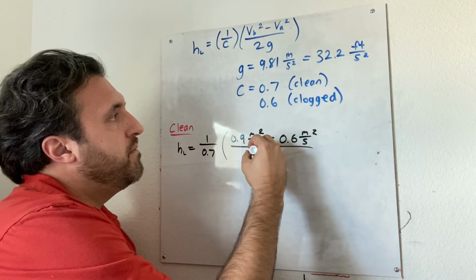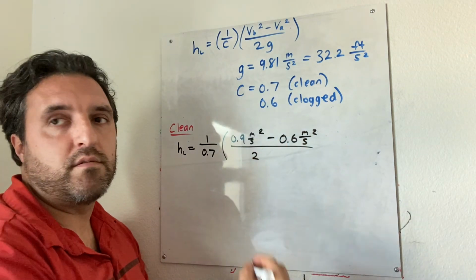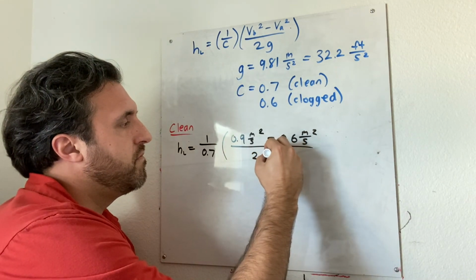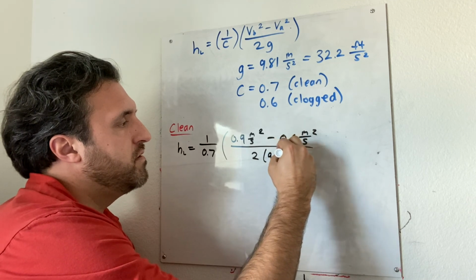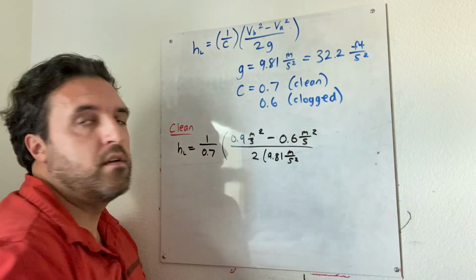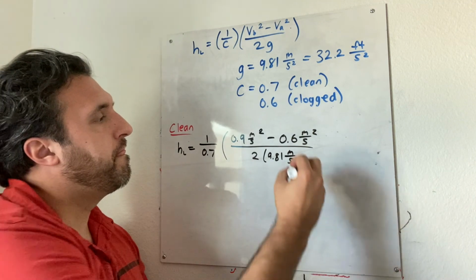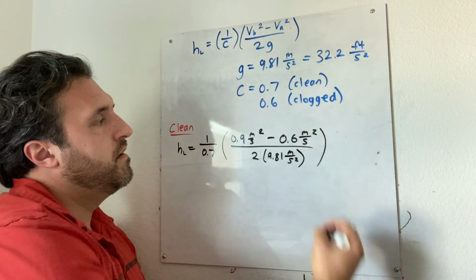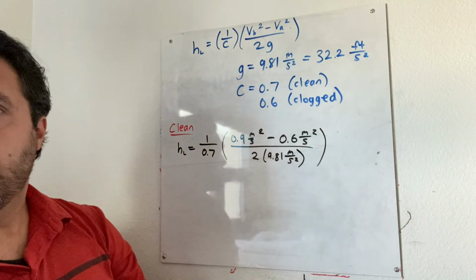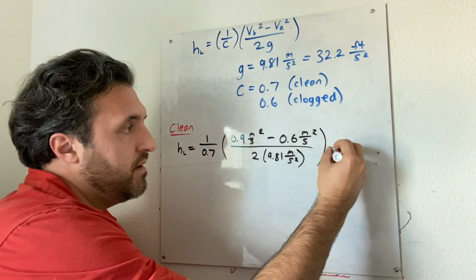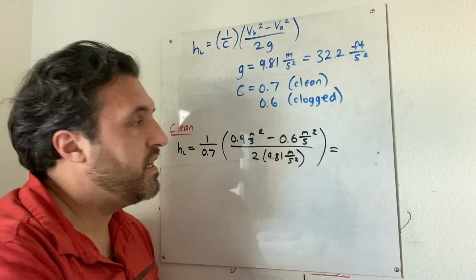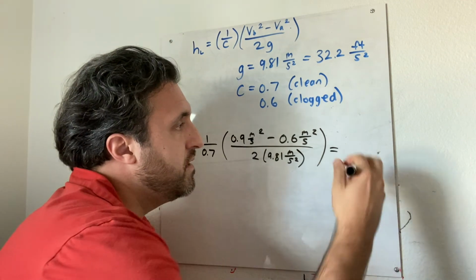That whole thing divided by 2g, where g is equal to 9.81 meters per second squared. So this calculation gives us 0.033 meters.